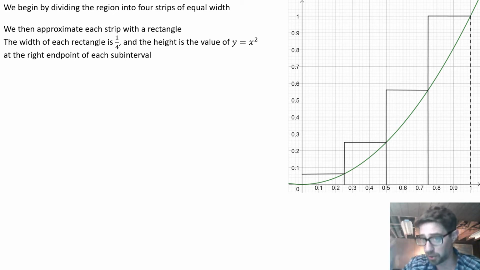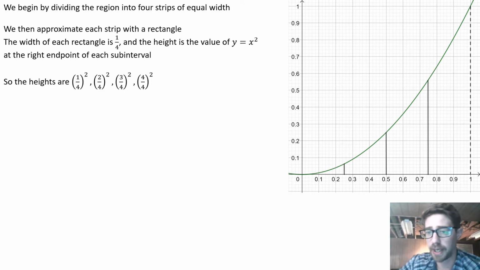The height of the third rectangle is 0.75 squared. And the height of the fourth rectangle is just 1 squared, or 1. So that last rectangle, the biggest one, has area just 1/4, because it's 1 high and 1/4 wide. All right? So the width is determined by how we chopped it up. The height is determined by whatever function we're dealing with.